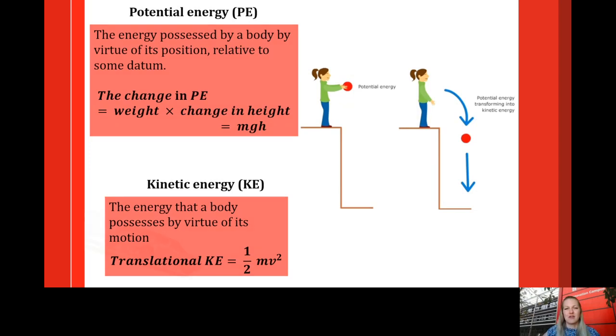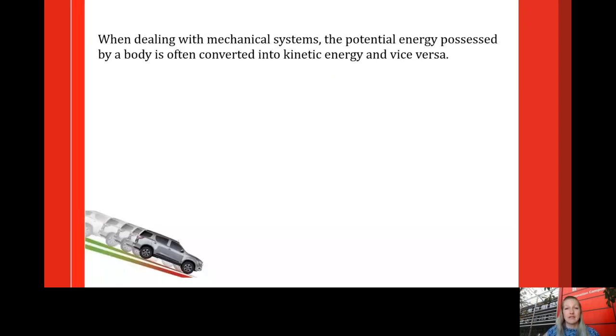So when we're looking at these particular objects as a mechanical system, the potential energy possessed by a body is often converted into kinetic energy and vice versa. So once we've got this, our potential energy plus our kinetic energy is then always constant.